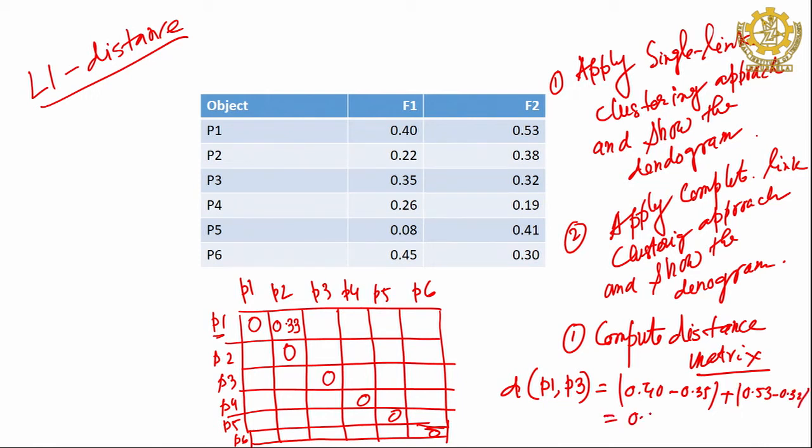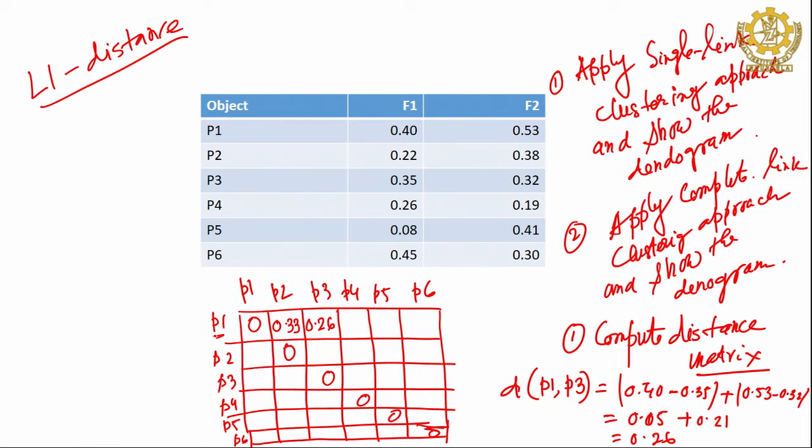So, this will be 0.05 plus 0.21. Okay. So, this is 0.26. So, this will be 0.26.